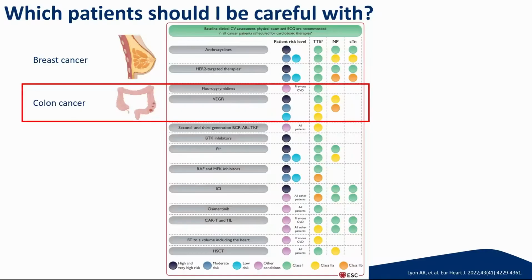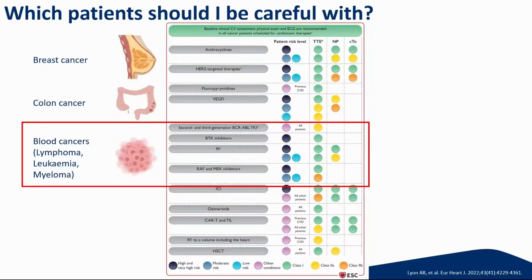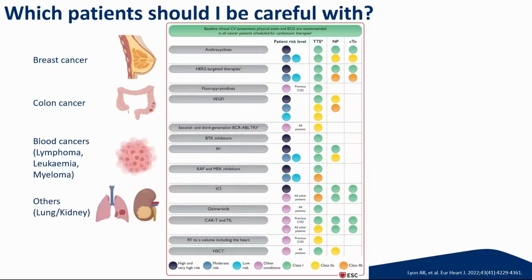Your colon cancer patients have 5-FU, fluorouracil, Xelox, Xeloda. Your blood cancer patients are on various forms of receptor inhibitors, which also affect cardiotoxicity. Lastly, the immune checkpoint inhibitors, used to treat a variety of cancers, your lung, your kidney, your skin, also have cardiotoxicity.